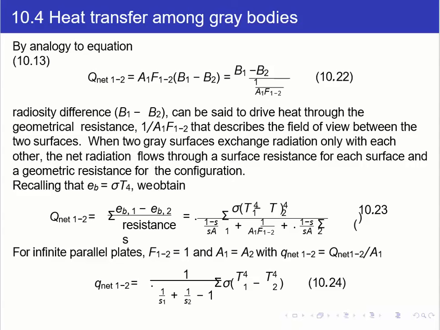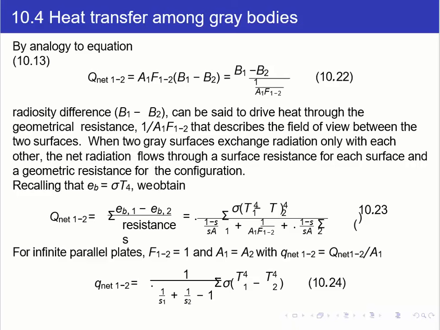By the analogy of the equation, the heat net 1 to 2 is A1 F1 to 2 into (B1 minus B2), which is equal to (B1 minus B2) by 1 by A1 F1 to 2, and the radiosity difference B1 minus B2 can be said to drive heat through the geometrical resistance 1 by A1 F1 to 2, that describes the field of view between the two surfaces.